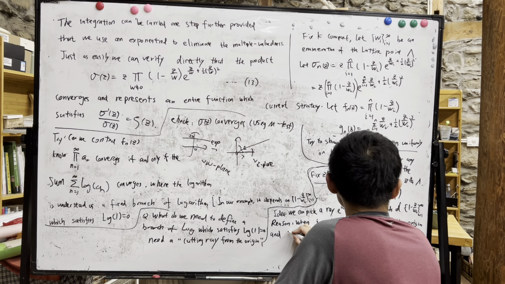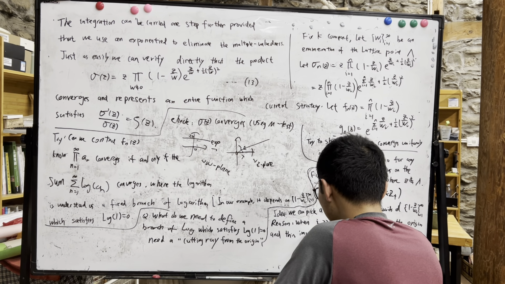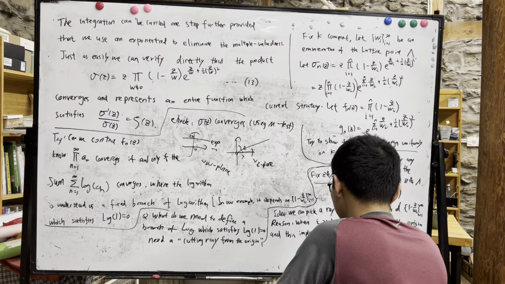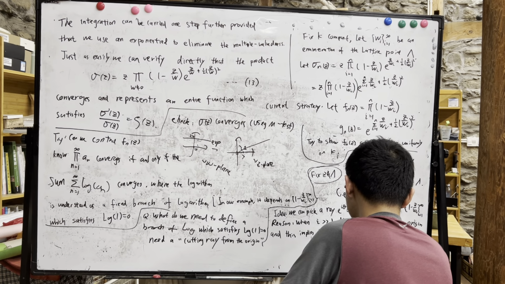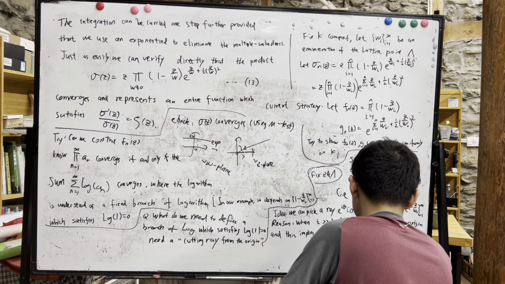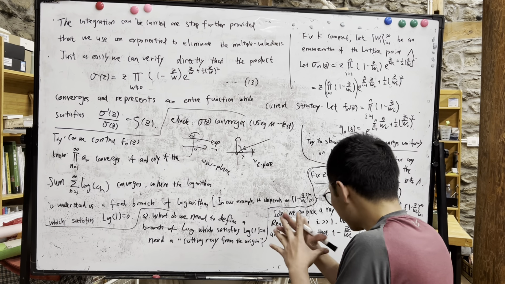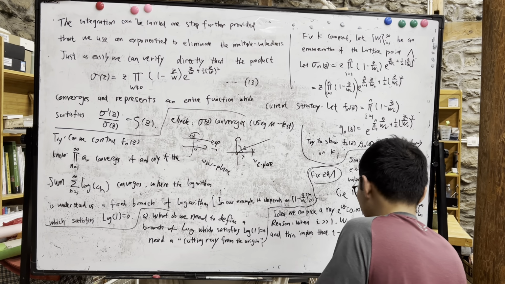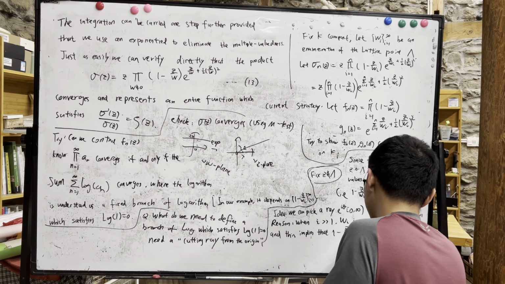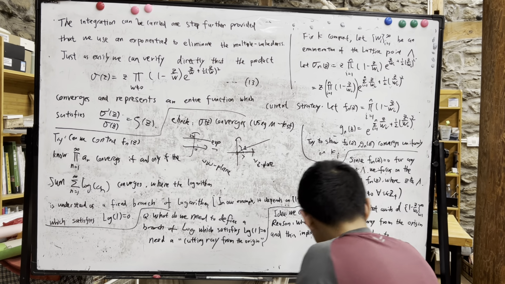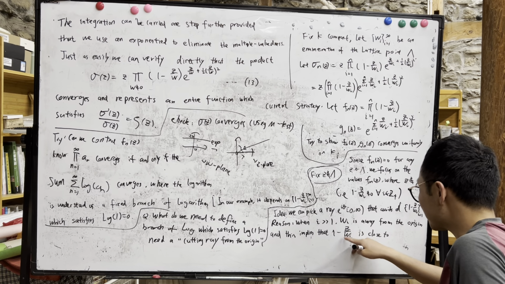So this implies that 1 minus z over omega I is close to 1. Let's say that it lies in some disk of radius epsilon. We can pick the epsilon as long as the modulus of omega I is very large, so that the modulus of this is less than epsilon.